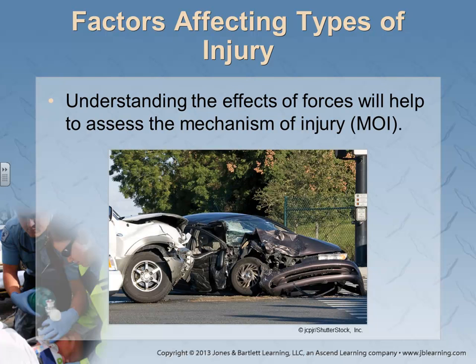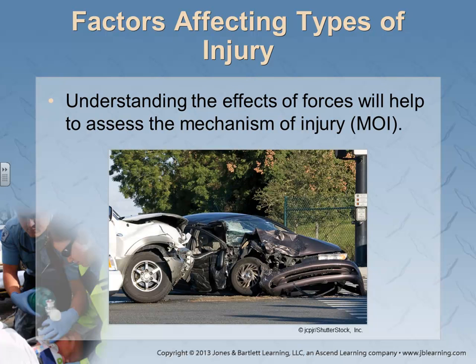So what are some of the factors that are going to affect the mechanism of injury here? If the passenger was restrained. Speed at which the accident occurred. So your speed, restraints, size, velocity. How fast is this truck coming? And is this car stationary, or are they meeting together?